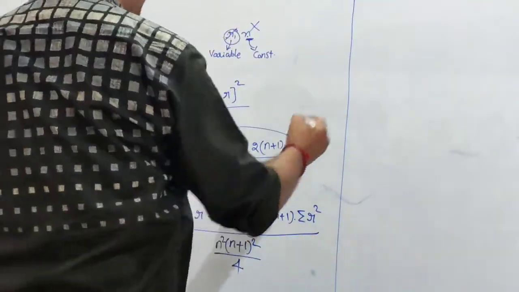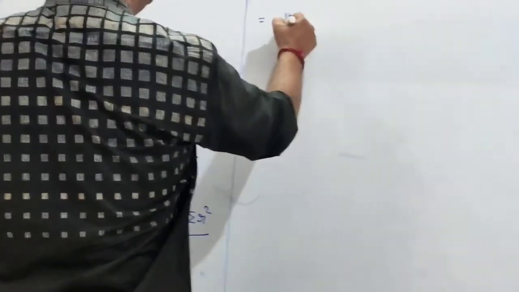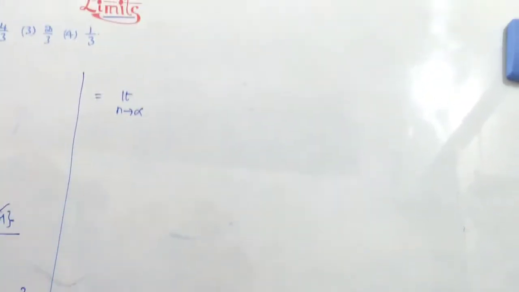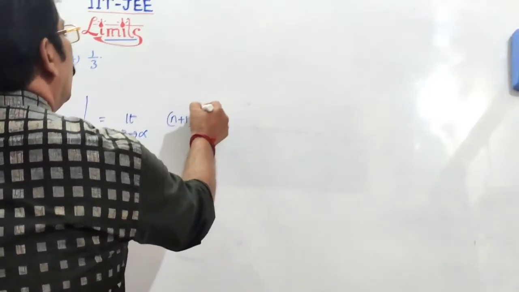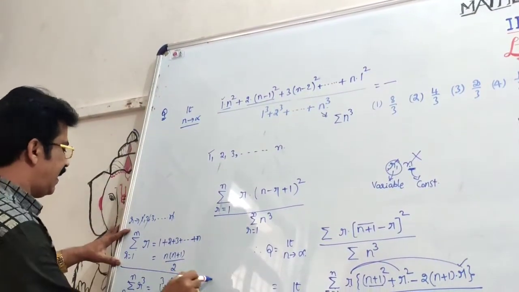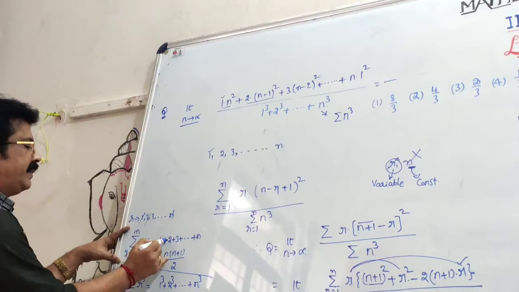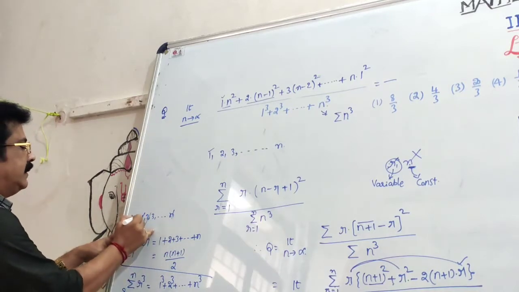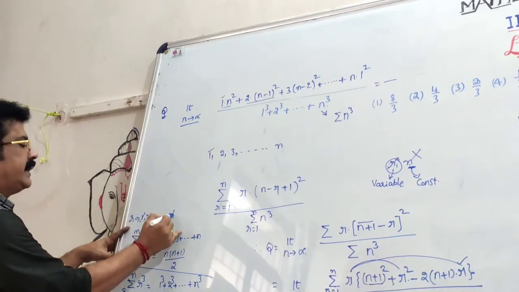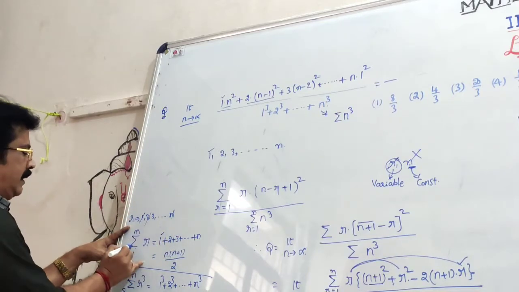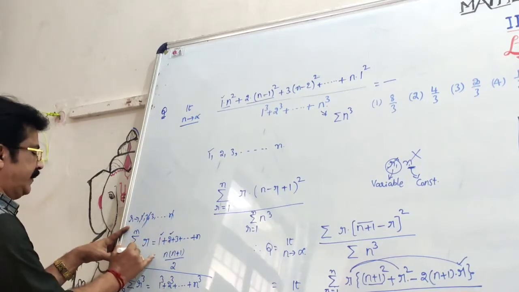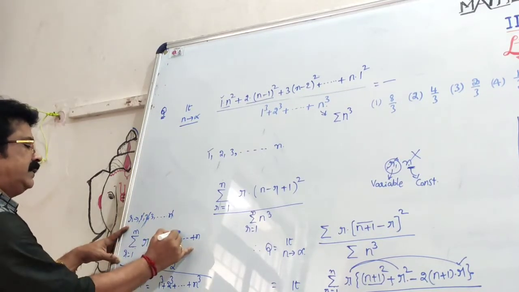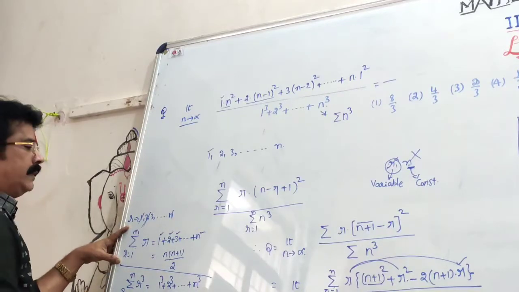So that equals limit n tends to infinity of (n plus 1) whole square into sigma r. Already I said sigma r means 1 plus 2 plus 3 and so on up to n, with r going from 1 to n: r equal to 1, r equal to 2, r equal to 3 and so on to r equal to n.